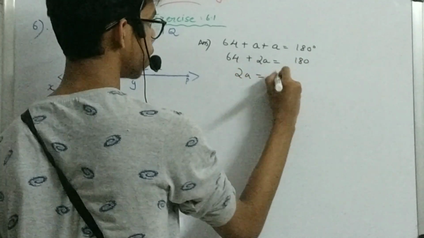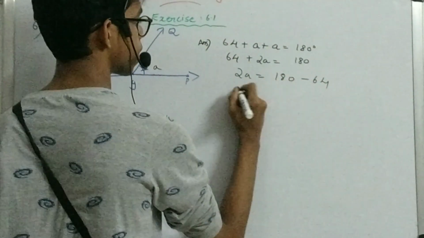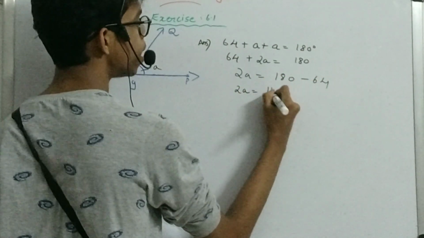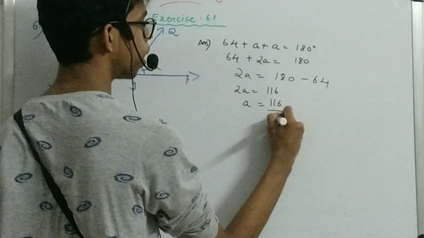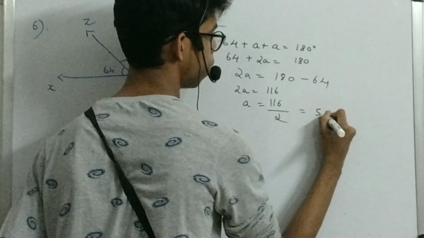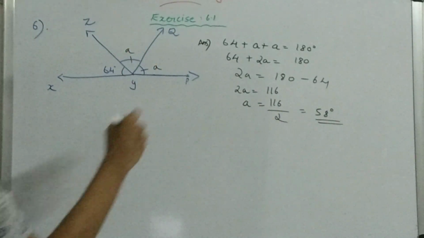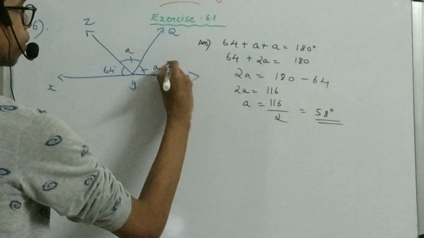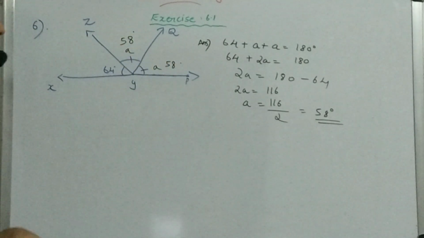So 2A is equal to 180 minus 64, so you will be getting 2A is equal to 116. A is equal to 116 by 2, which is equal to 58 degrees. So you got this angle as 58 degrees and this angle also as 58 degrees.